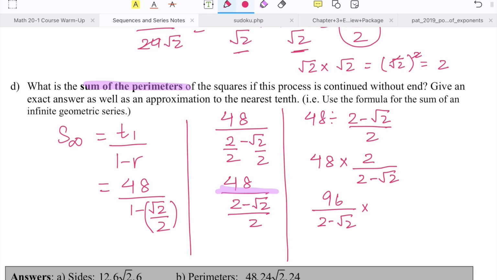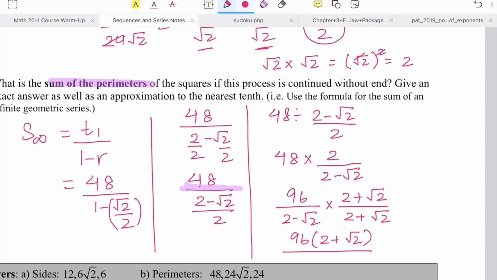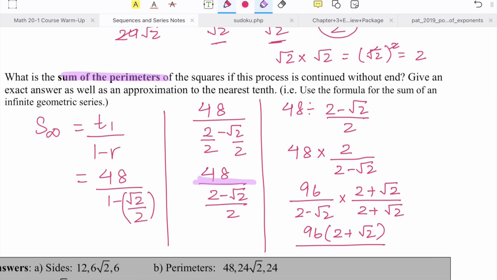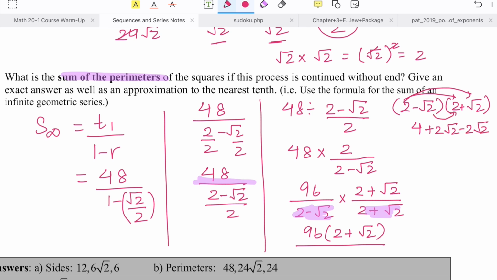And to get rid of that, we'll have to rationalize. So multiply both numerator and denominator by 2 plus root 2. Okay, so when we do that, it'll be 96 times 2 plus root 2. And then let's distribute the denominator, which will be 2 minus root 2 times 2 plus root 2. 2 times 2 is 4, plus 2 times root 2 is 2 root 2, minus 2 root 2.